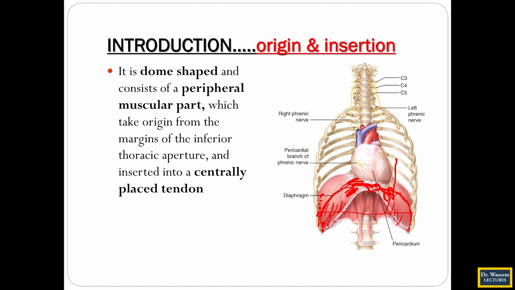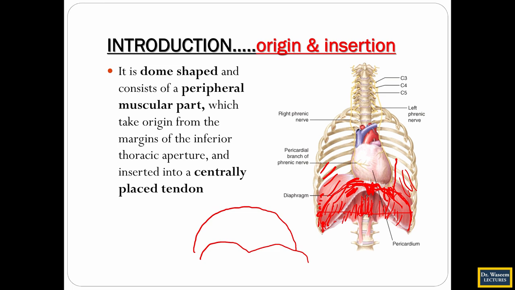It will take origin from the xiphoid process, from the inner aspects of the ribs, and from behind from the vertebrae, and also from many muscles on two sides of the vertebrae. After taking origin, it will be just like an umbrella, like a dome. And it is in the form of two domes, the right and the left dome.